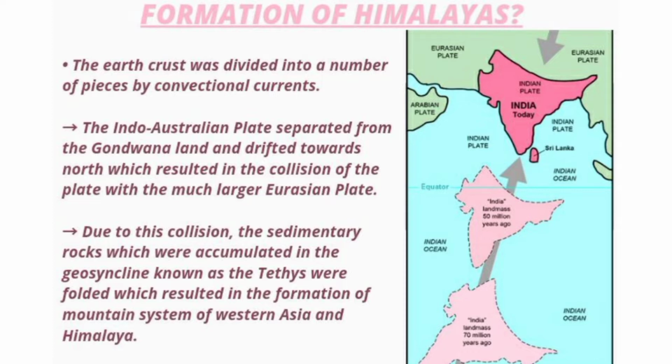Due to this collision, the sedimentary rocks, which were accumulated in a geosyncline known as Tethys, were folded, which resulted in the formation of the mountain system of Western Asia and Himalaya.